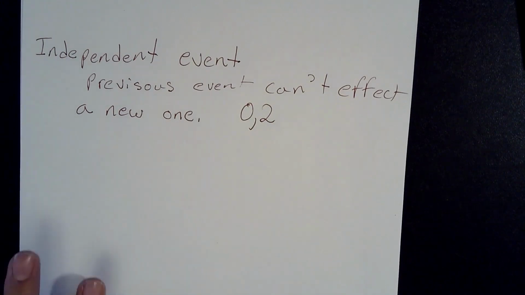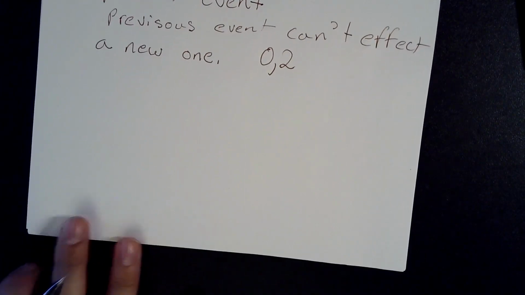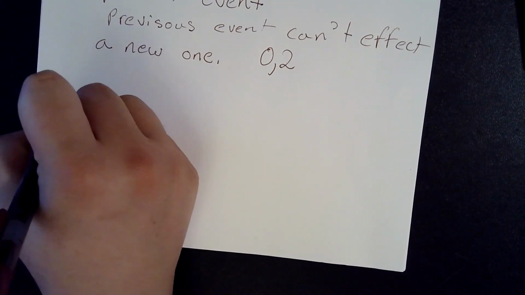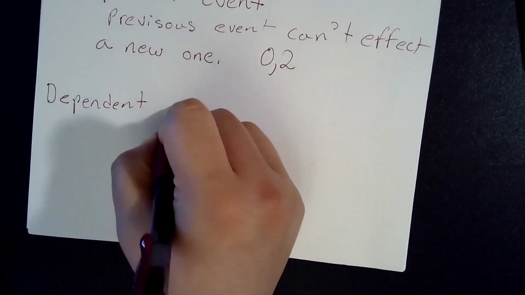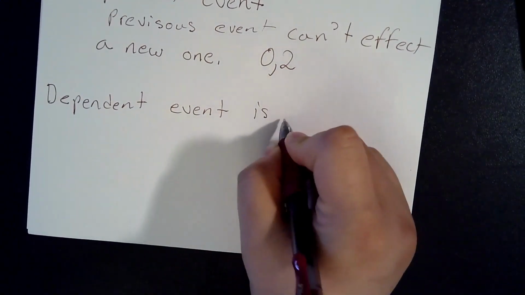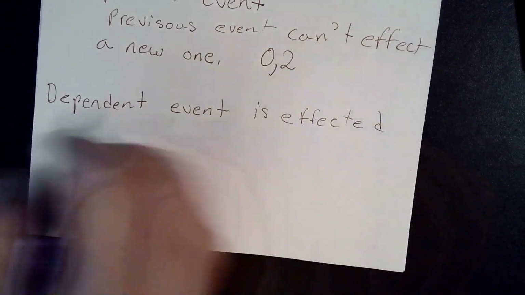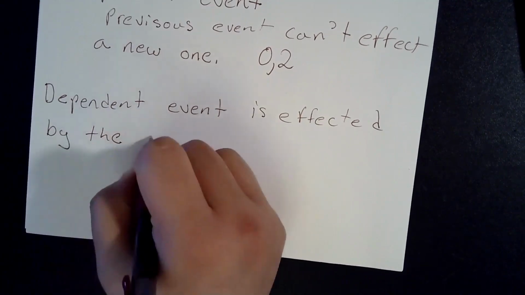Now, if an independent event is not affected by a previous event, a dependent event is affected by the previous one.